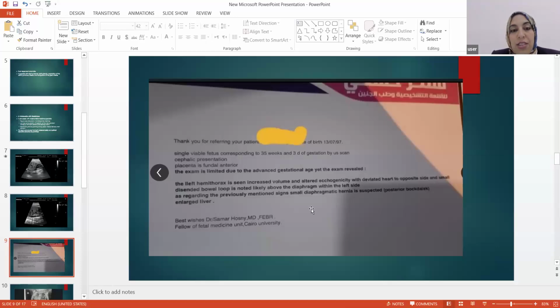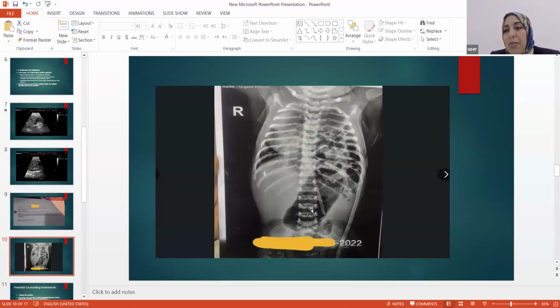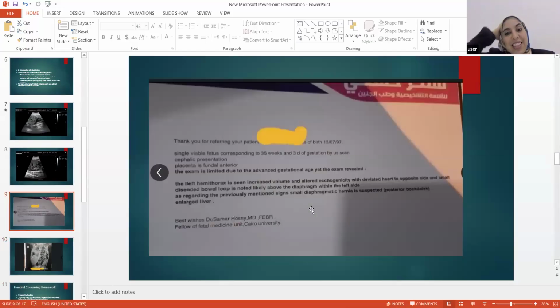Unfortunately, when the baby was born, he was in very good condition. So the pediatrician didn't call me, didn't ask, didn't investigate the baby, and told the mother that the baby is very good. What happened is that the baby underwent circumcision. By crying and more crying, the diaphragmatic hernia increased in size, and this bad event happened.